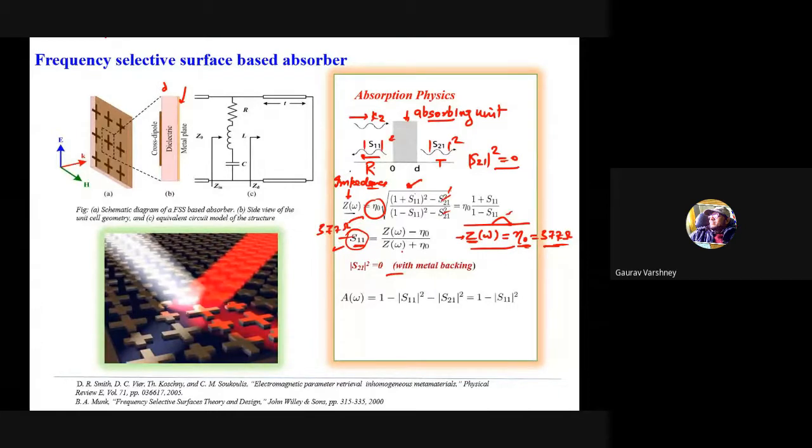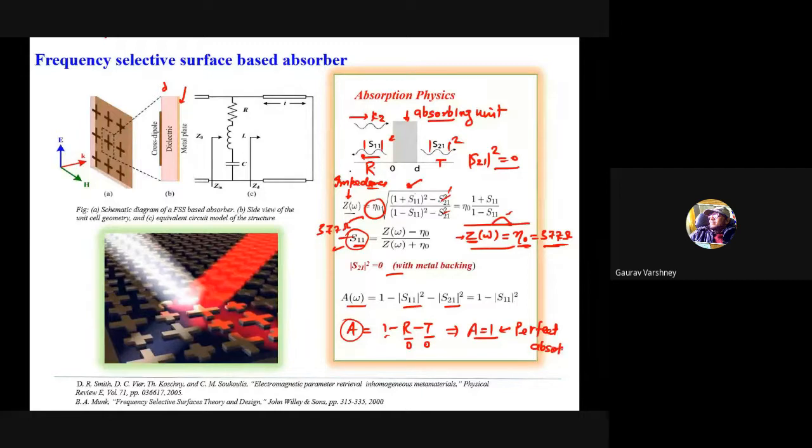And here finally, if we look at the overall concept of absorption, we can say absorption equals 1 minus reflection coefficient minus transmission coefficient. If transmission is 0 and reflection is 0, in that case total absorption will be 1, and this is called the condition of perfect absorption.